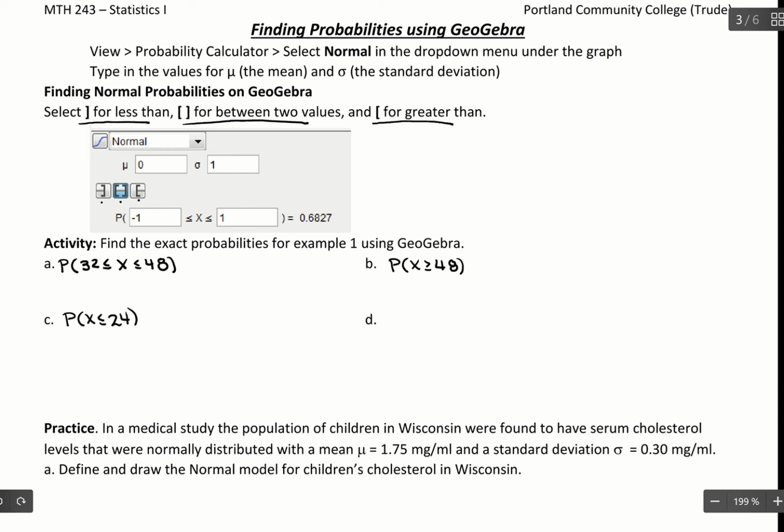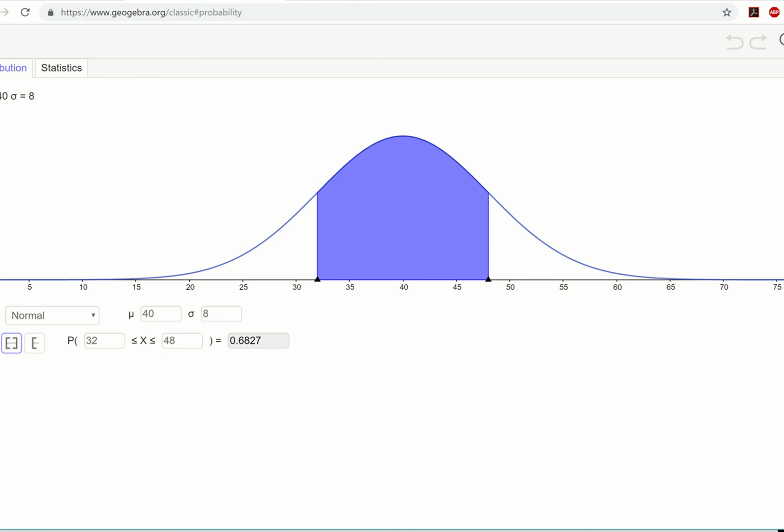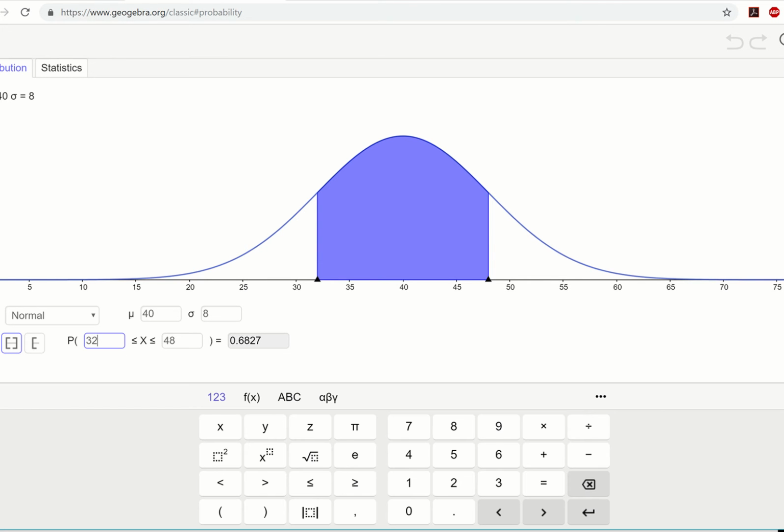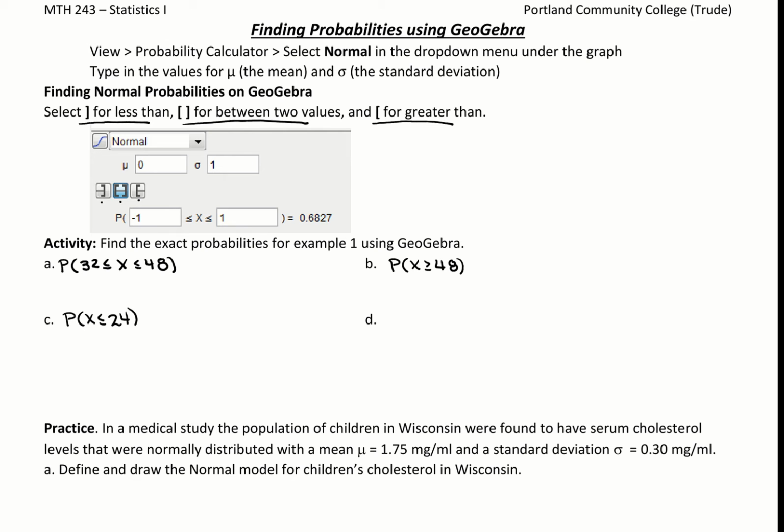If we go to our distribution in Geogebra, actually you can see the probabilities already typed in here, lower bound to 32, upper bound to 48, and we get out this 0.6827.